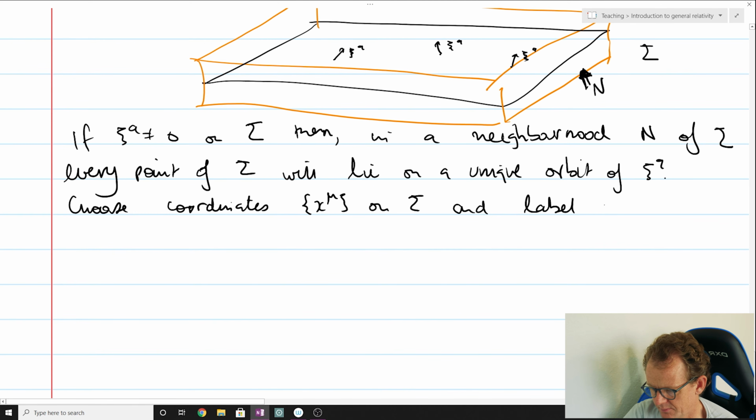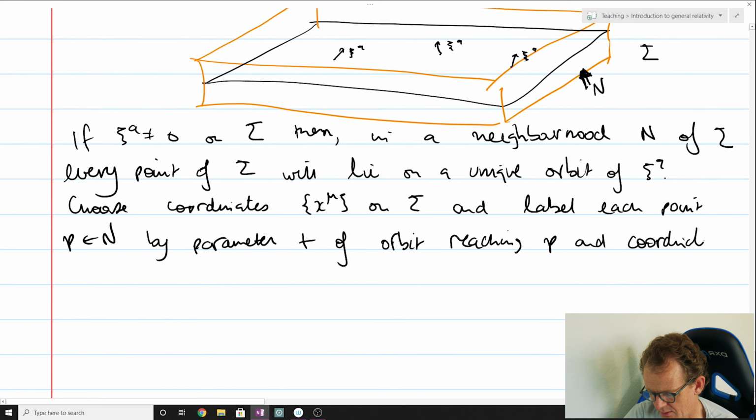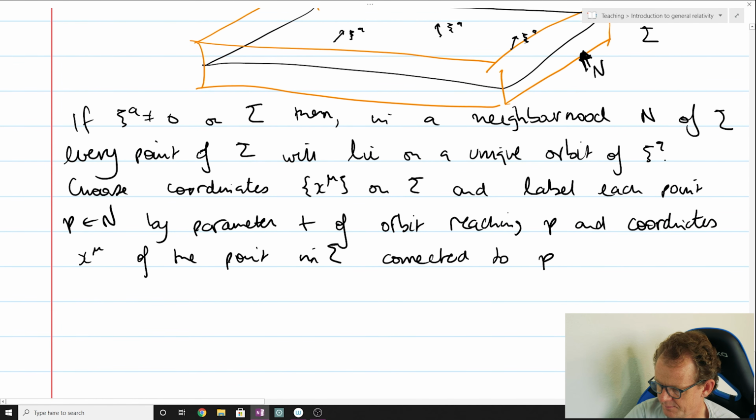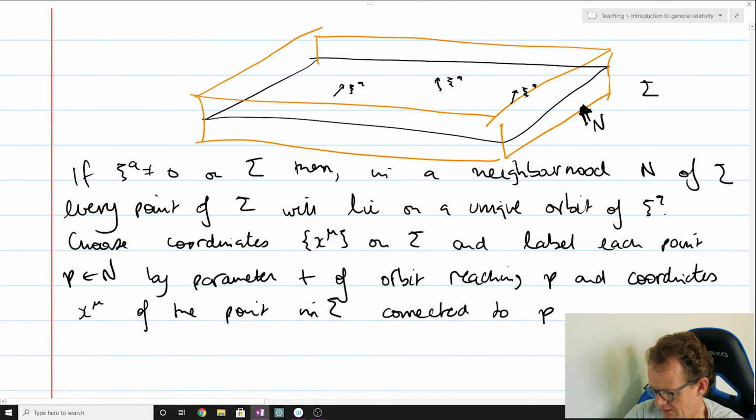So we're going to label each point P in this neighborhood N, this fattened, thickened version of the hypersurface, by the parameter t of the orbit reaching P and the coordinates x mu of the point in sigma connected to P. So we've coordinatized this fattened or thickened piece of our spacetime.